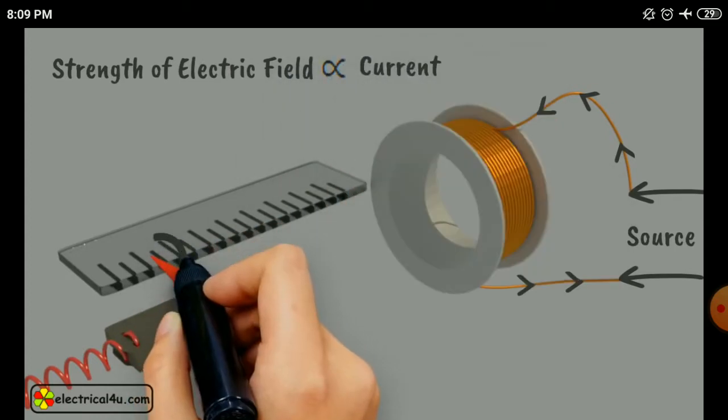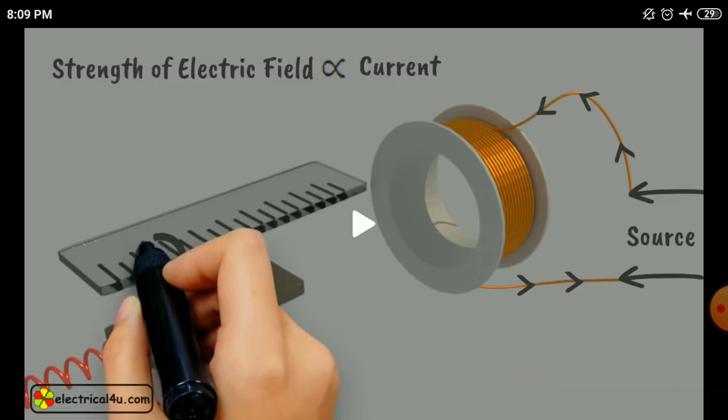Hence, the position of the pointer can indicate the current. The field produced by this coil depends on the current which is to be measured by us.